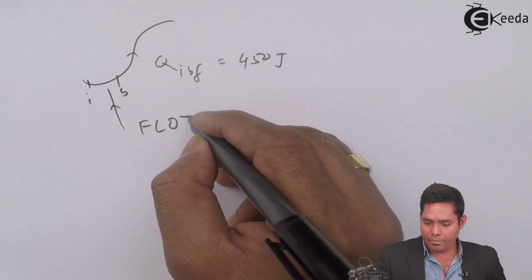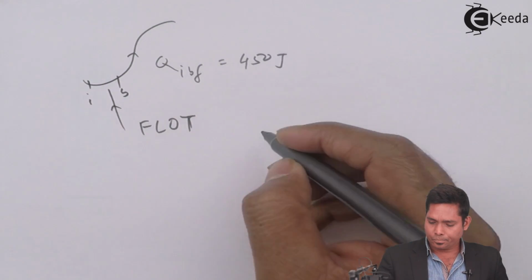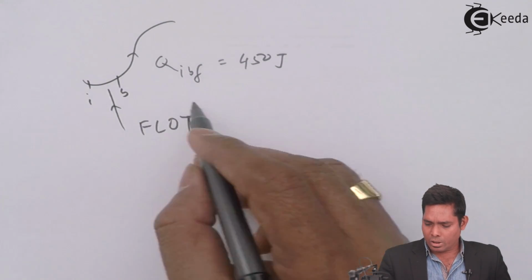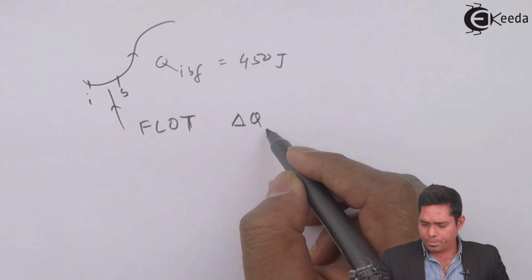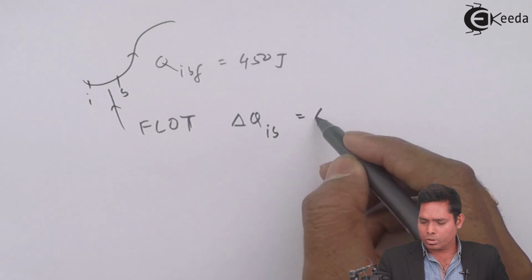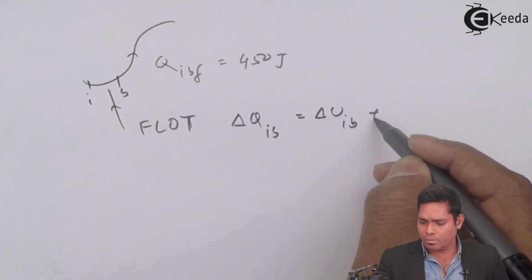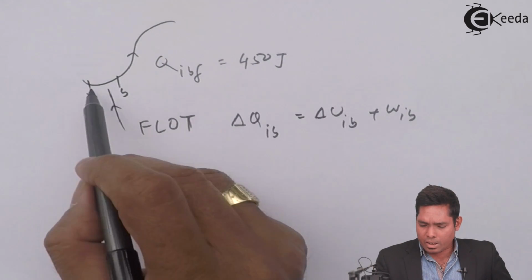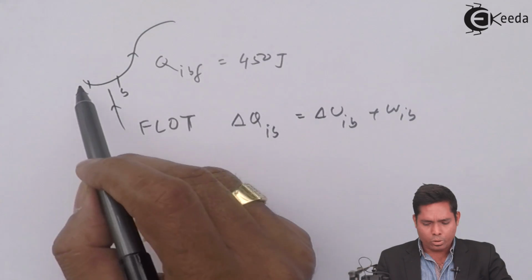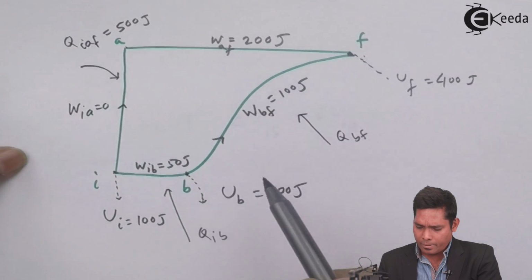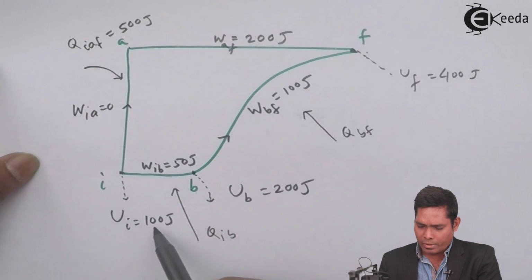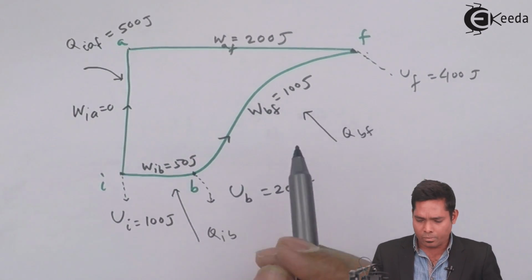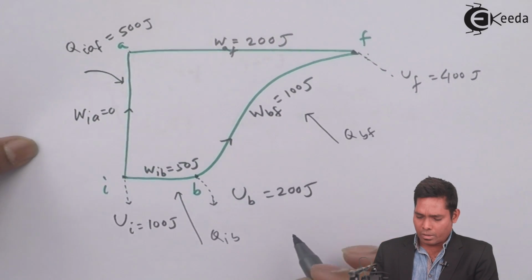Applying the first law of thermodynamics to this path, the heat supplied from I to B equals the change in internal energy IB plus the work done IB. UI is 100 and UB is 200, which I've already written here for convenience.